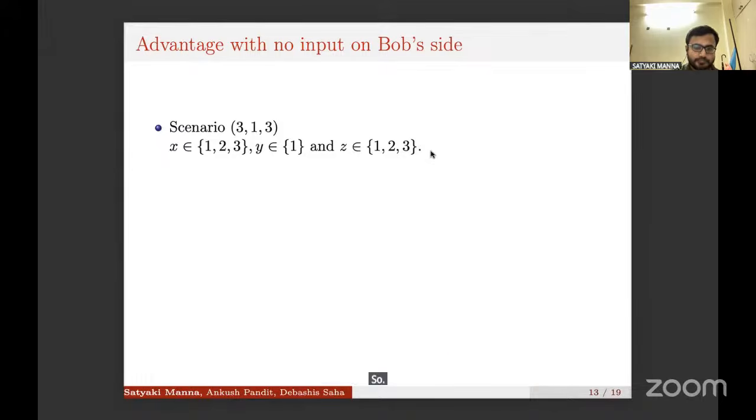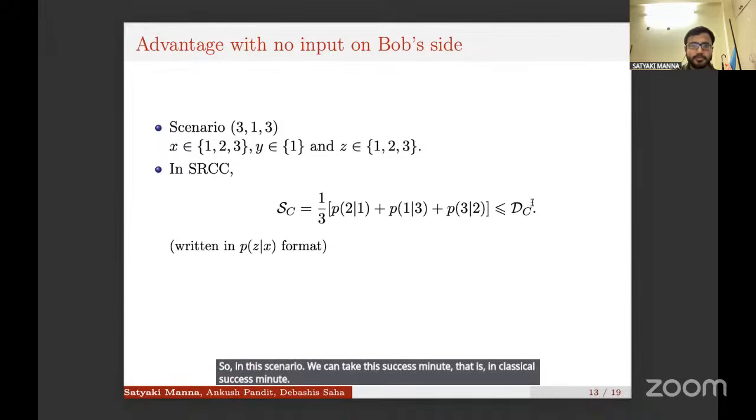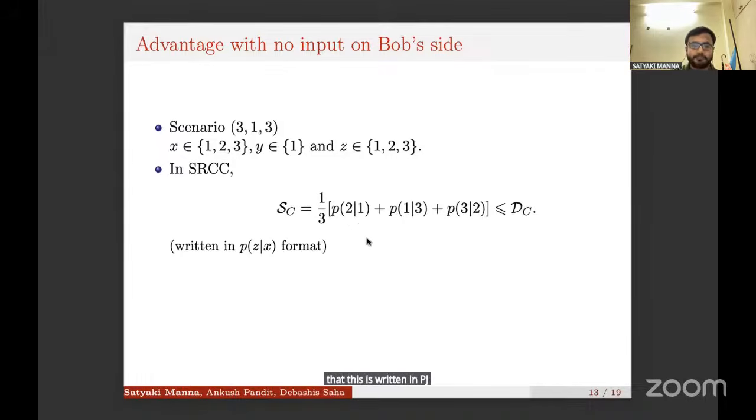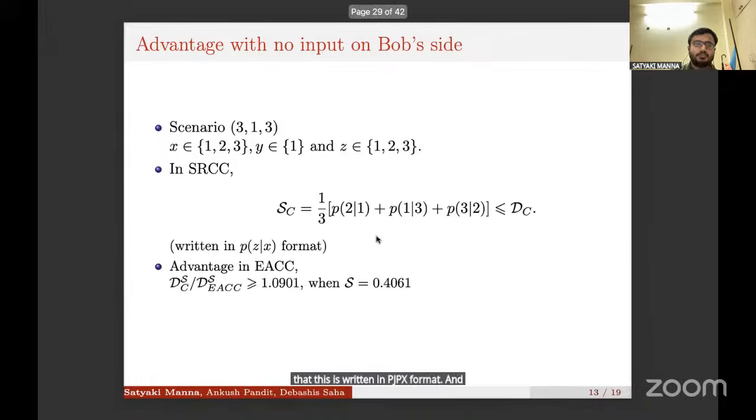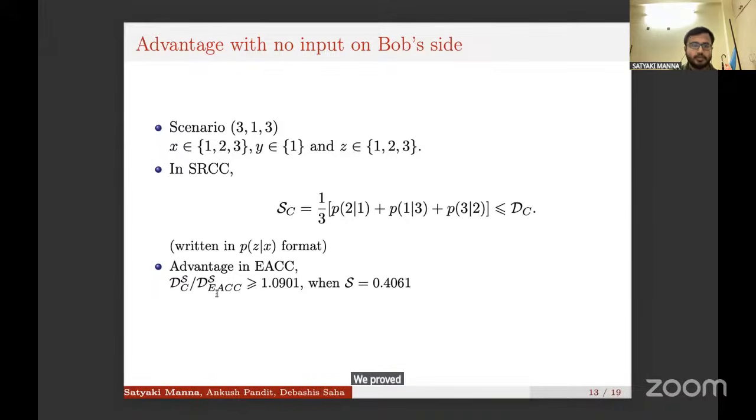In this scenario, we take this success measure, the classical success measure, and it is bounded by this thing, written in P(Z given X) format. In entanglement assisted classical communication, if we fix the success probability to be this, we prove that this distinguishability ratio would be greater than 1.